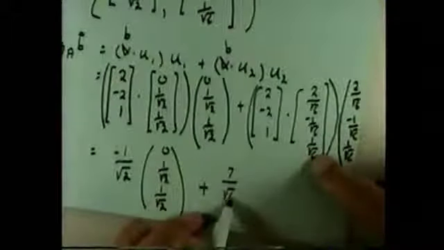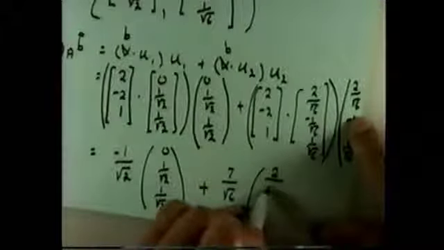Doing the dot product, that's 2 minus 2 times the square root of 2 plus 1 times the square root of 2, so that's a negative 1 over the square root of 2 times 0, 1 over the square root of 2, 1 over the square root of 2, plus now that's 4 over the square root of 6, plus 2 over the square root of 6, that's 6 over the square root of 6, plus that's 7 over the square root of 6, times the U2 vector, which is 2 over the square root of 6, negative 1 over the square root of 6, 1 over the square root of 6.